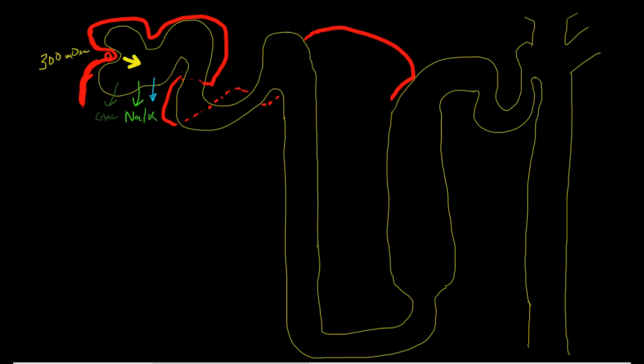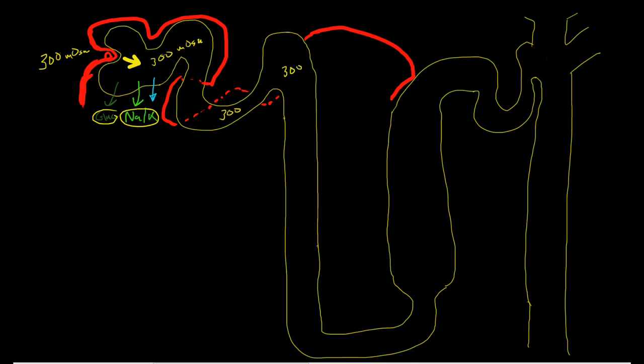So the osmolarity here is 300, and it stays that way because for every unit of electrolytes that are reabsorbed from the filtrate, a corresponding amount of water follows. So all the way through the proximal tubule, we keep an osmolarity of 300.